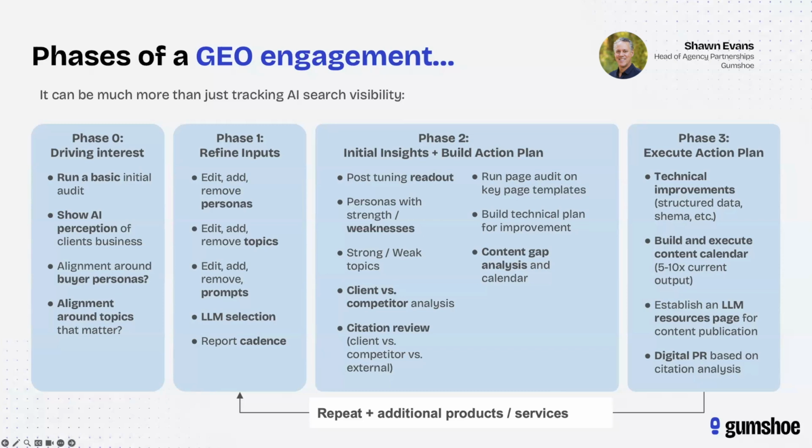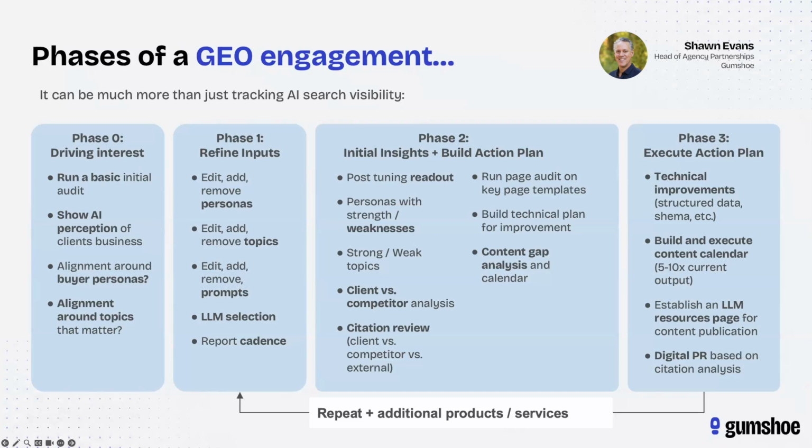And then in phase one, it's okay, we had the conversation. They can see their visibility overall, by persona, by topic. And now it's about working with them to really understand, is there alignment between who AI sees as the personas of the brand and who the brand really sees as their key personas? Making sure these topics are the right topics that the brand cares about and that they're building their strategy around.